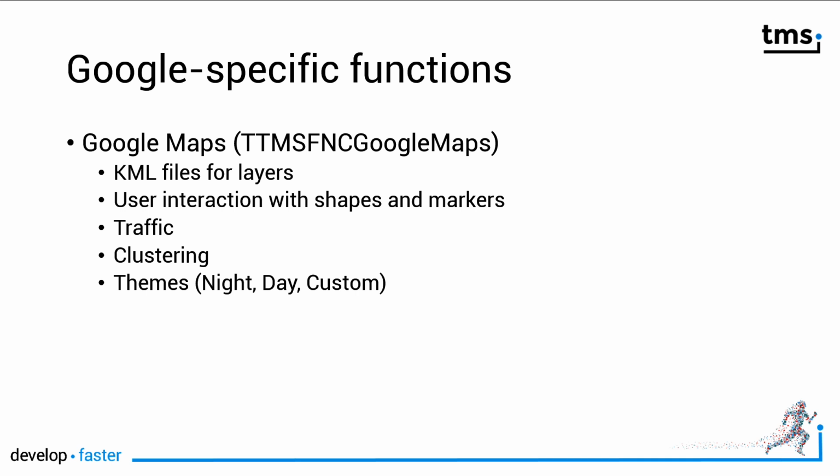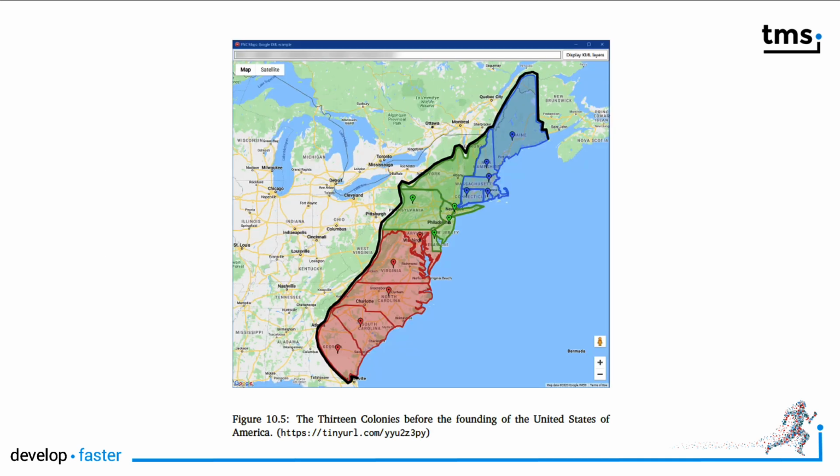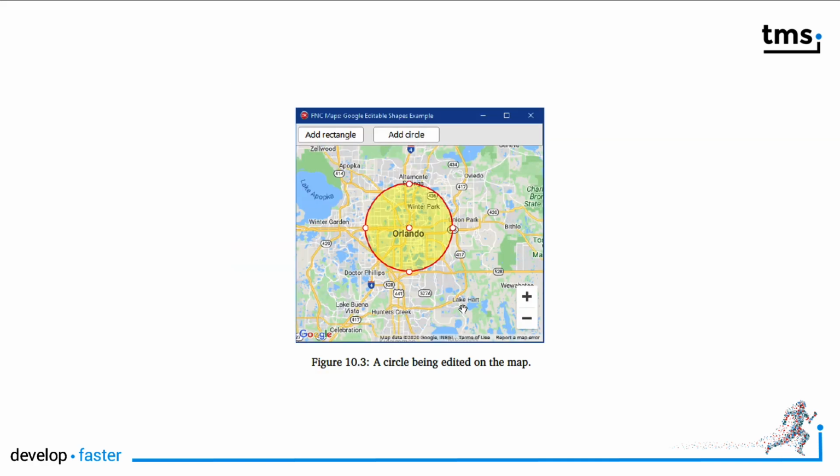These are the two defaults, but you can load any custom theme that you can create with the Google-specific theme designer. This image shows a KML layout of the initial 13 colonies before the United States were founded. Just one example of a KML file that was imported as a layer on top of an existing map.